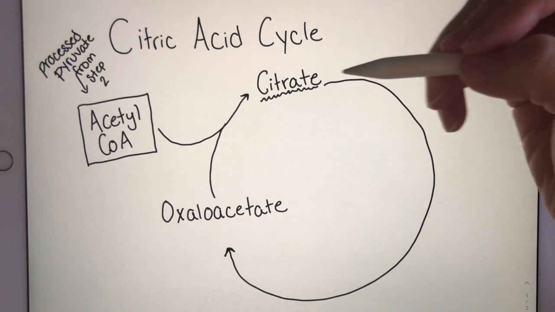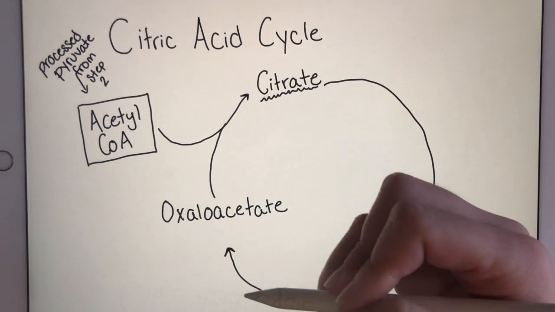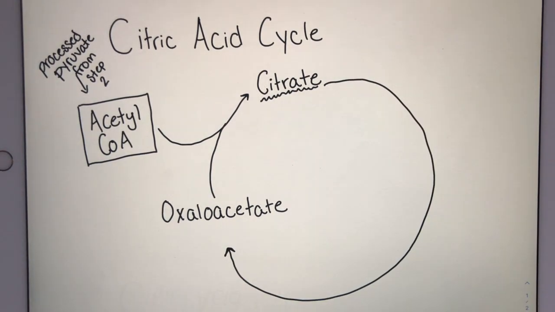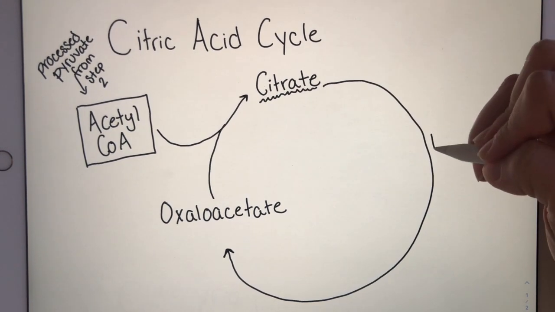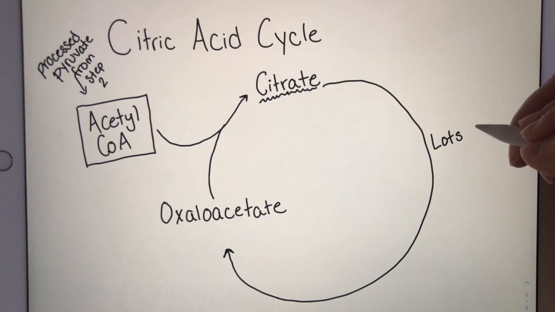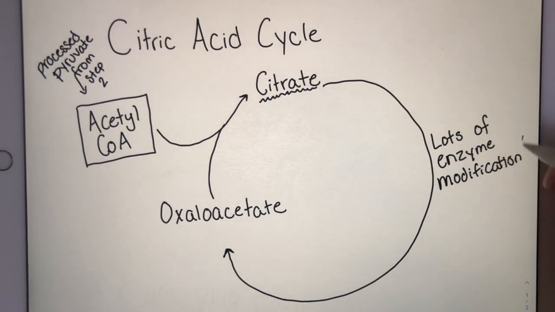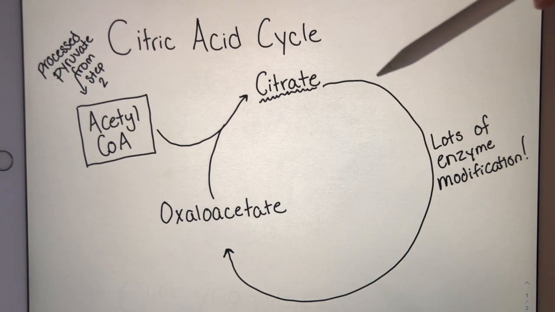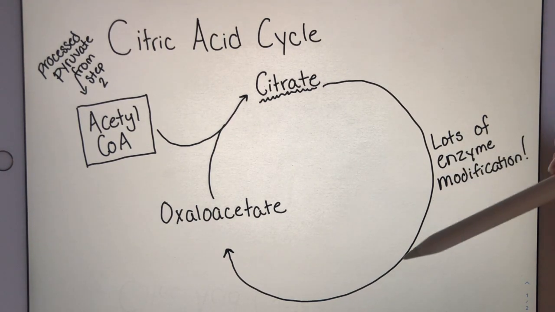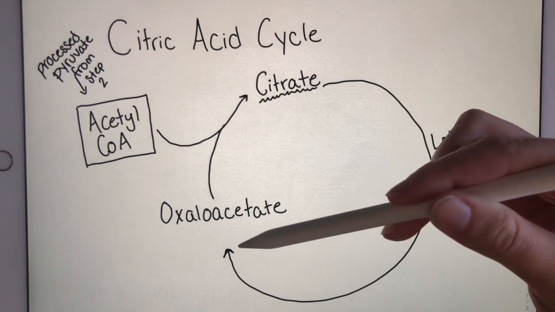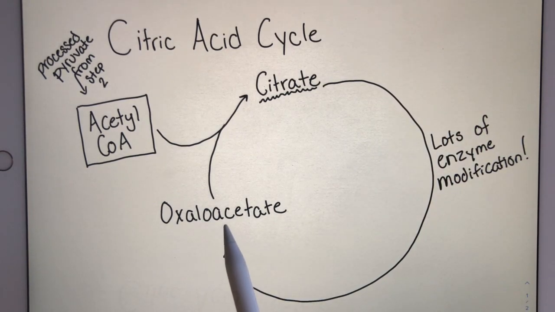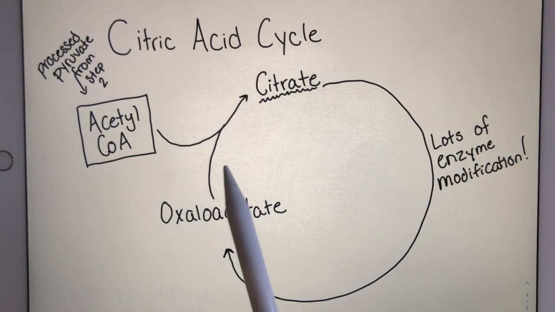There's a lot going on here with intermediate molecules, but we're not going to worry about that for now. We can just simply write that there is a lot of enzyme modification that takes place. So much so that we modify citrate enough that our citrate molecule is turned back into oxaloacetate and is recycled.